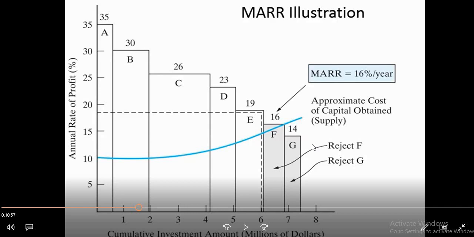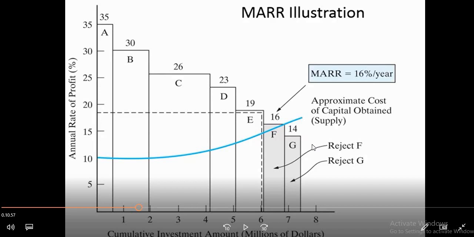That particular interest rate is nothing but the MARR value. So this interest rate I, at which the rate of return is given, is nothing but the MARR value.